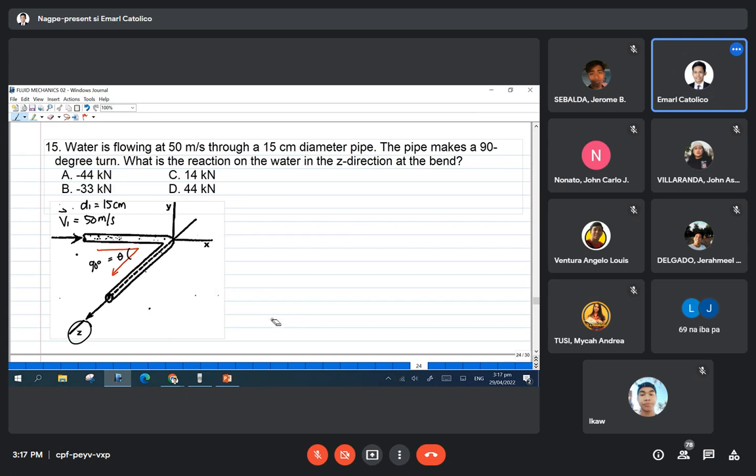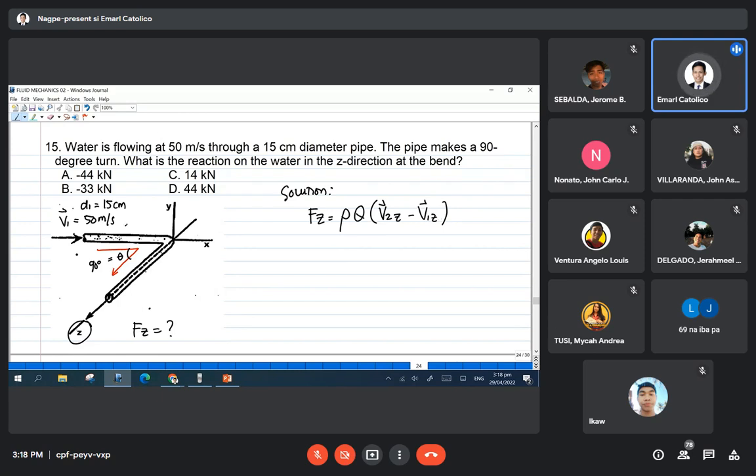Okay. So FC ang hinahanap. FC is equals to density times volume flow rate times velocity 2 at C minus velocity 1 at C. Okay, so yan yung ating general formula.